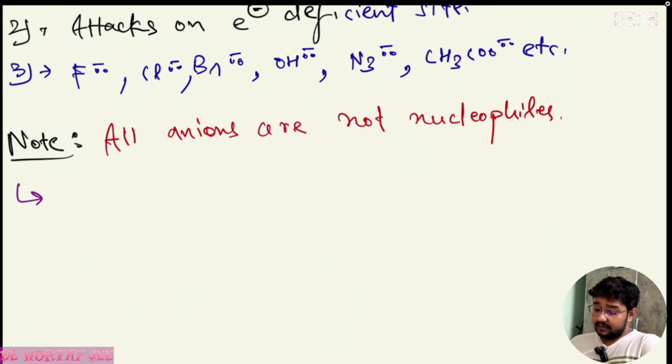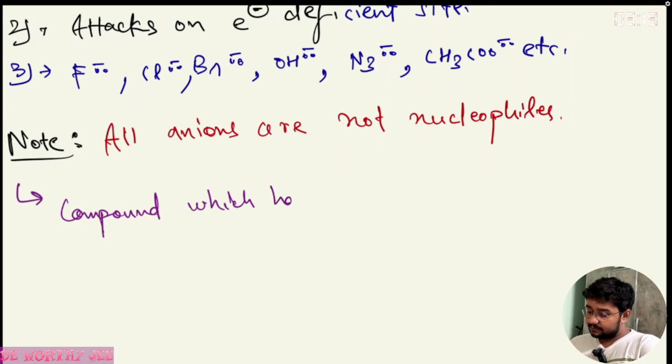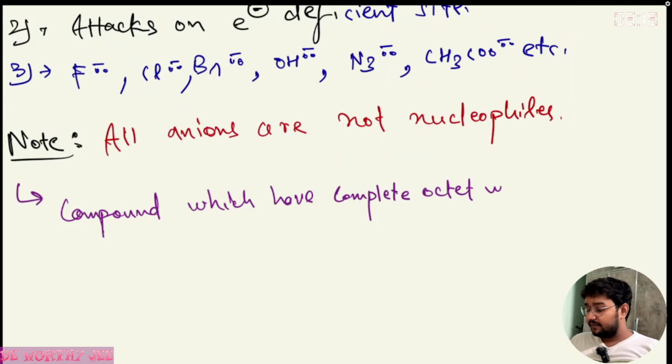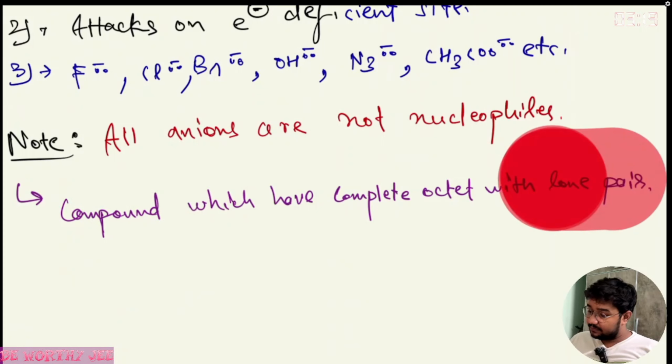And here, compounds mostly which have a complete octet with a lone pair, electron rich compounds with a lone pair. So you need to highlight this: with lone pair.